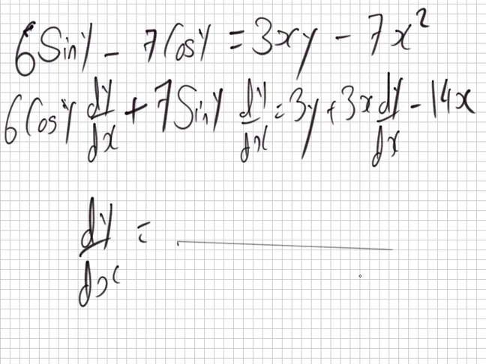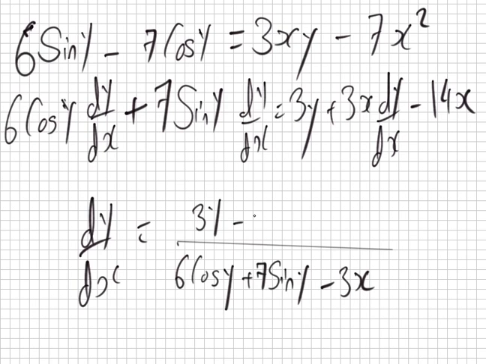Now, look, I'm trying to do a couple of steps in my head, so just be quiet. Let me think about this. So I have here 6 cos y plus 7 sin y minus 3x, and 3y minus 14x.